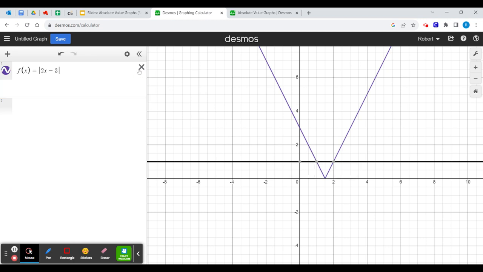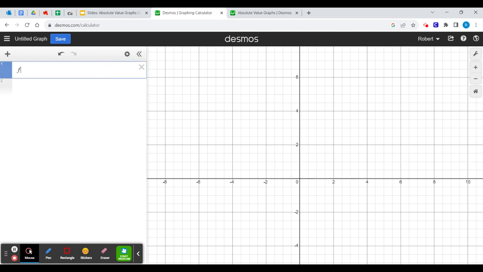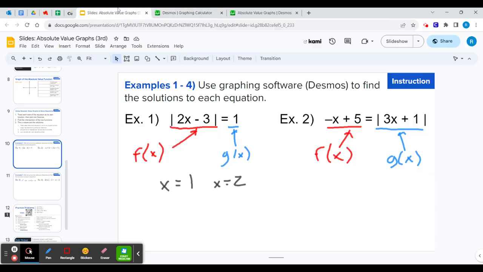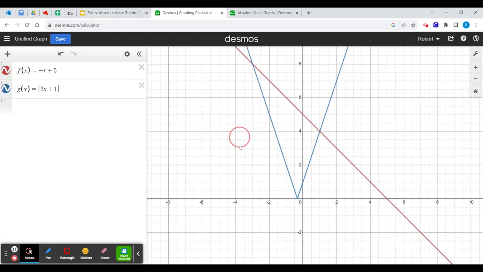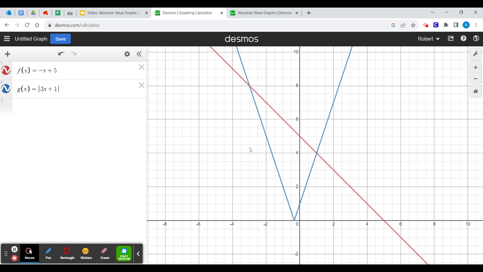I can clear off my old graphs. We'll have f of x. And let me go back and look. That equals negative x plus 5. And our g of x is equal to the absolute value of 3x plus 1. Let me just double check, make sure I put that in right. Yep, I did. Cool. Now we have another system where we're looking for those intersections, right?